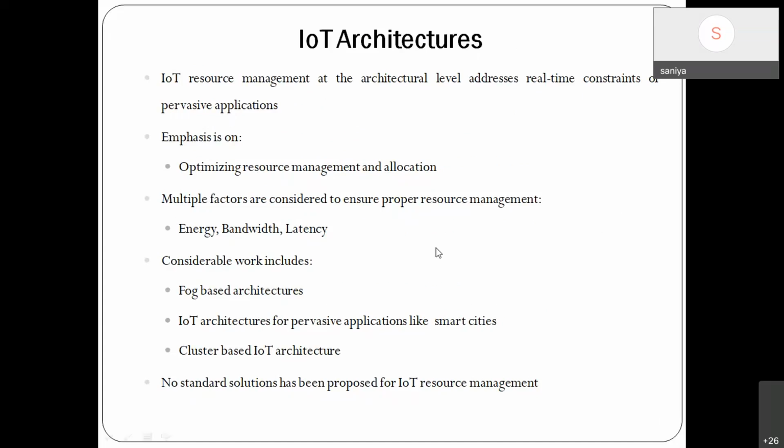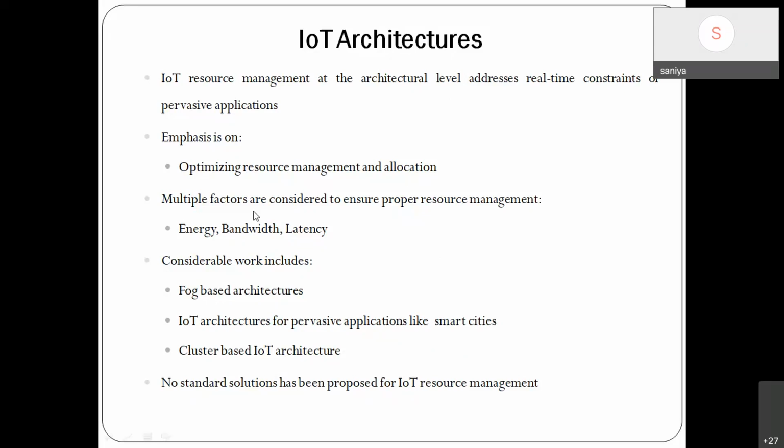In these IoT architectures, they have focused on allocation of the resources. I have the architecture, I have a fully designed home application, how am I going to allocate the resources, how am I going to use the devices, how they are going to interact with each other, what data they are going to share with each other. That is where the allocation will play its role.